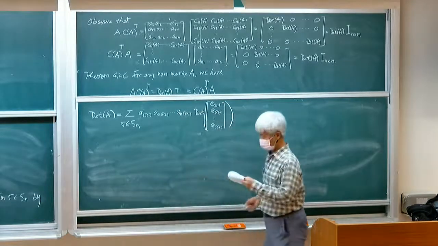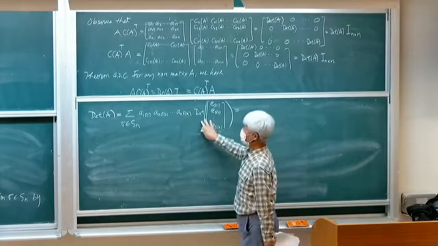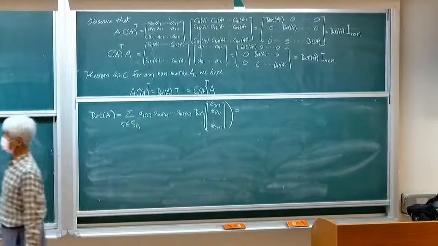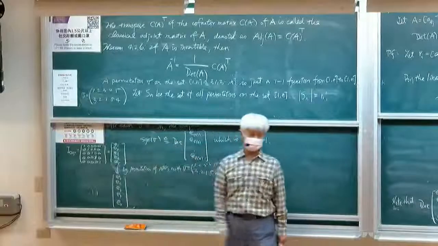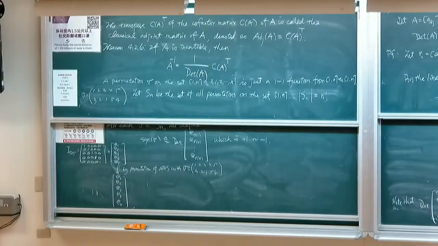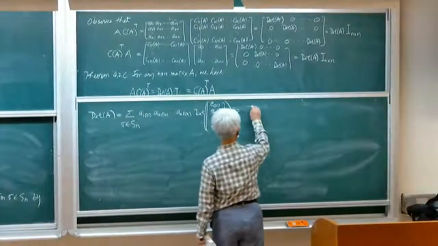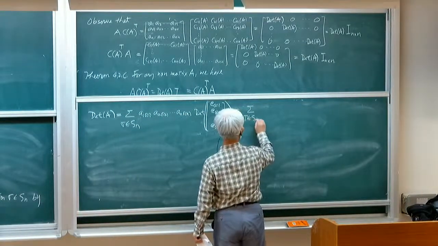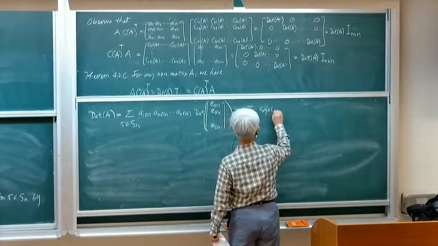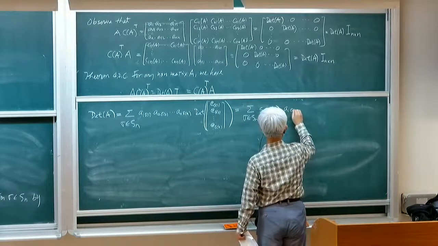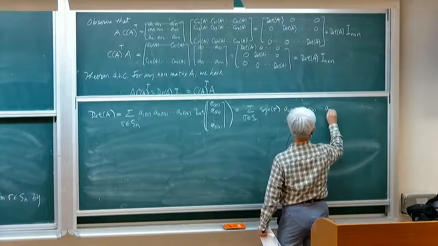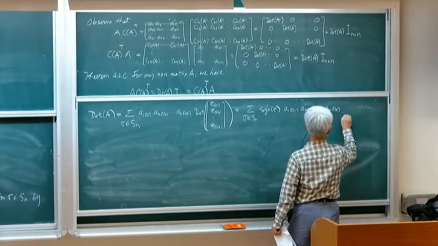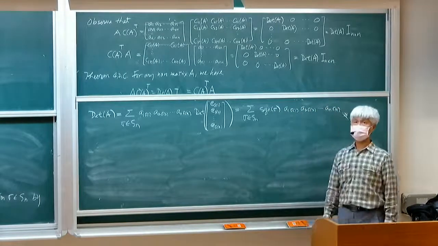But by our definition, this is just the sign of the permutation sigma. So this becomes the sgn of sigma, a1 sigma 1, a2 sigma 2, and an sigma n. Okay, so we have done.